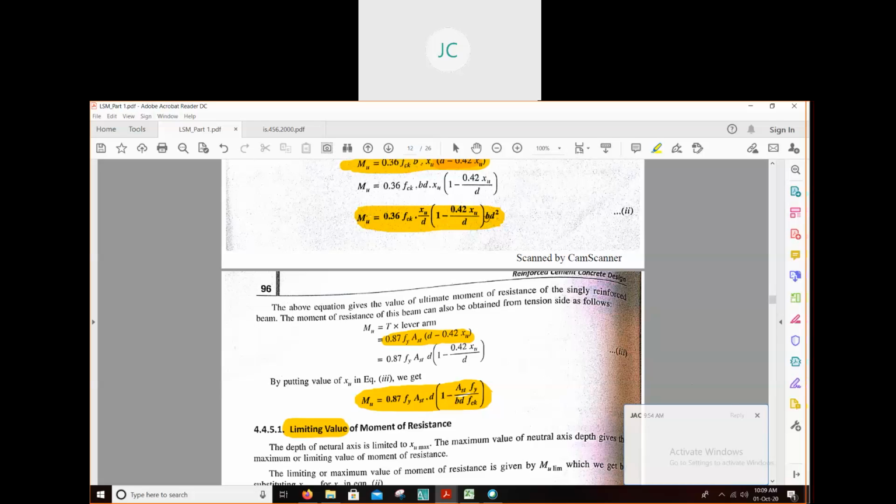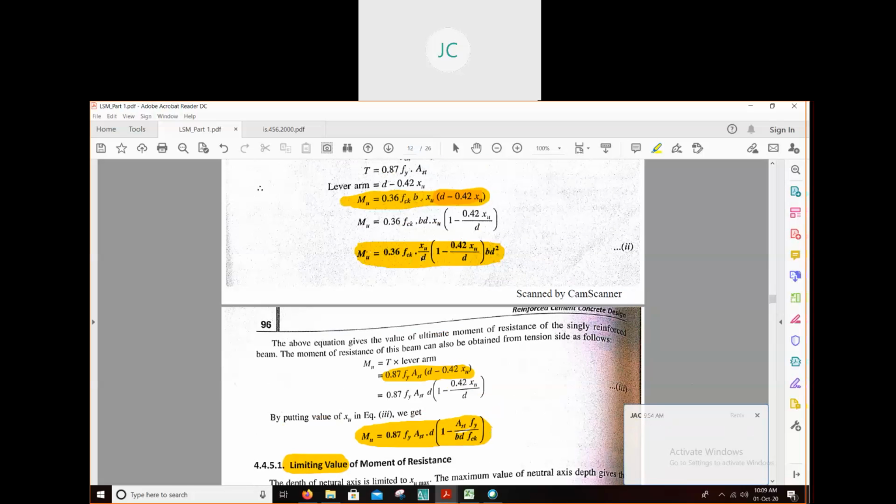So for over reinforced section we have only one equation, and we have to use this equation. But is there any other difference here? For underreinforced section directly we will use equation number 3, but for over reinforced section, can you tell me is there any modification in this formula or directly we will use equation number 2?